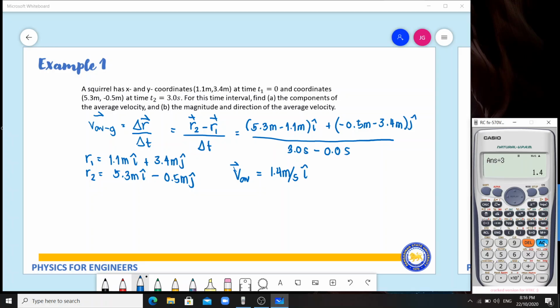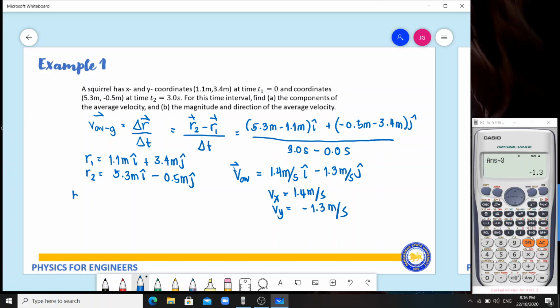Okay, and then let's proceed to the y component. 0.5 minus 3.4 divided by 3, so that is negative 1.3 meters per second j. Okay, so those are the components of the average velocity, or we can answer it like this: 1.4 meter per second, and the y component of the velocity is negative 1.3 meter per second.